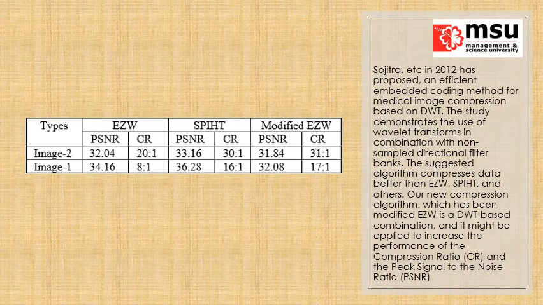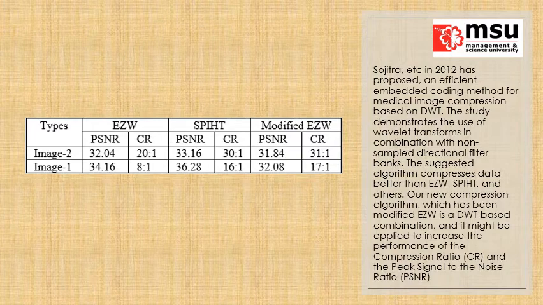Sojitra and others in 2012 have proposed an efficient embedded coding method for medical image compression based on DWT. The study demonstrates the use of wavelet transforms in combination with non-sampled directional filter banks.